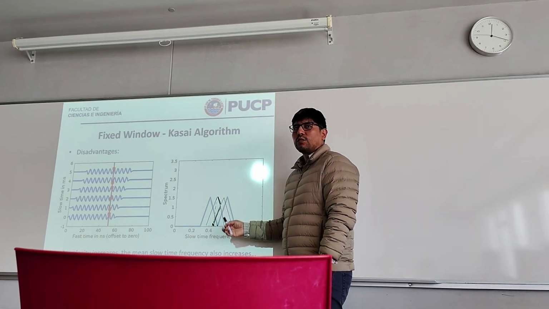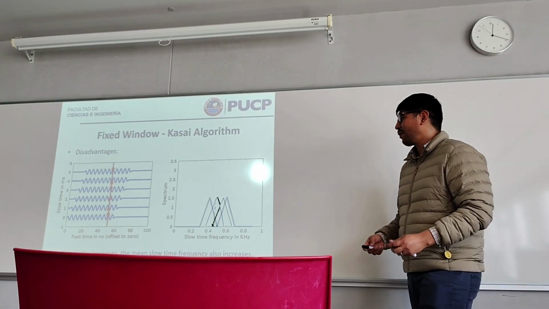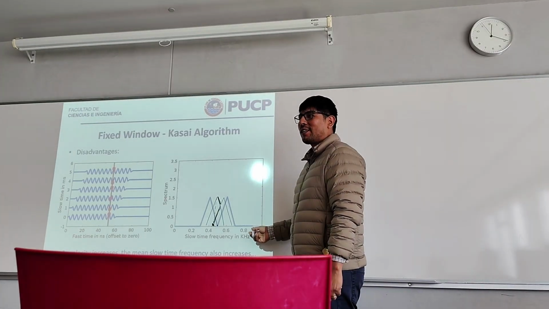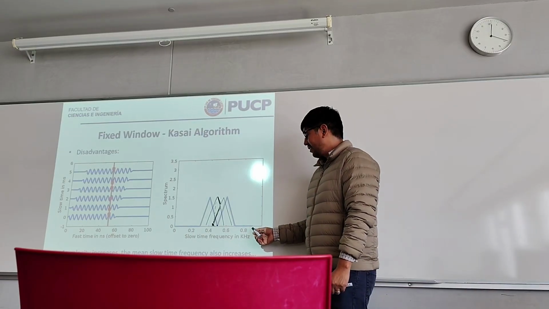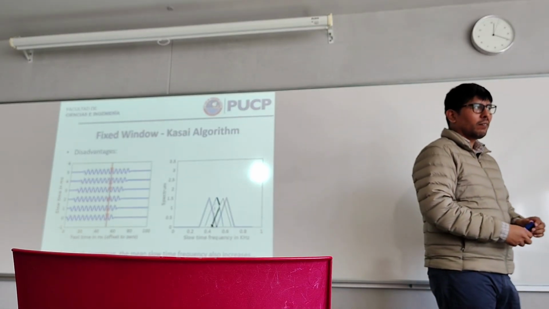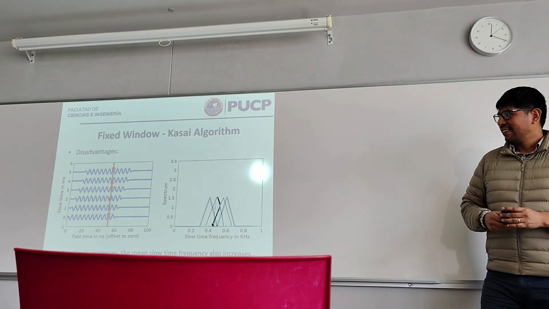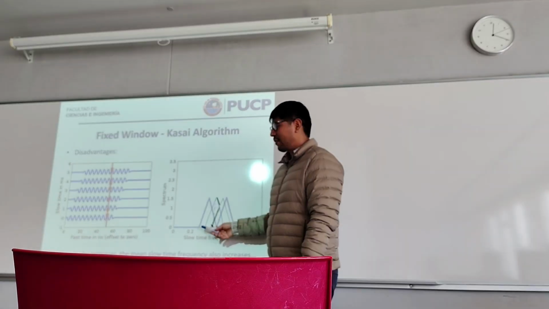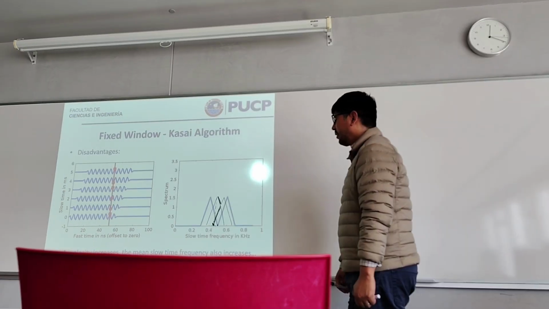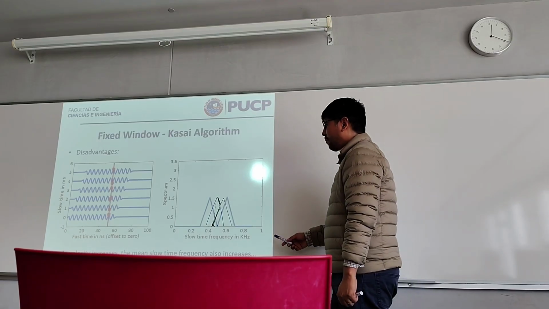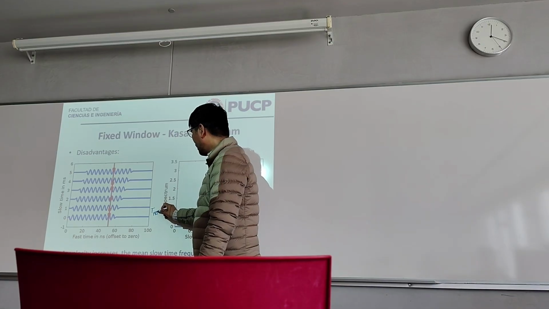This is equivalent to one problem that we had in digital signal processing: when the sampling frequency was not big enough to capture the effects of the signal, in this case the slow time signal. That is aliasing. Between the slow time samples there is a period, TPRF, the pulse repetition period.